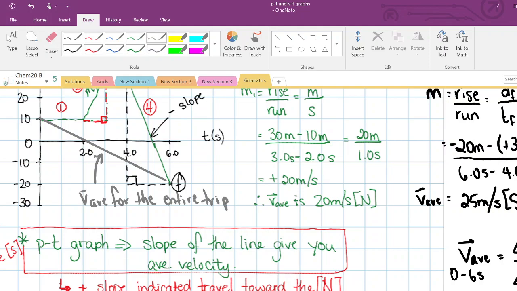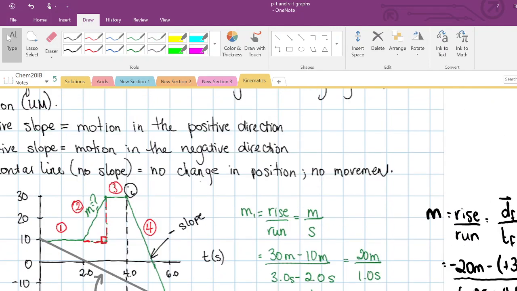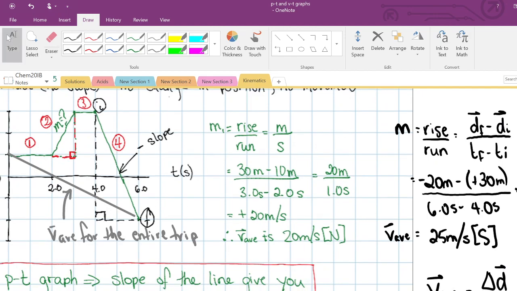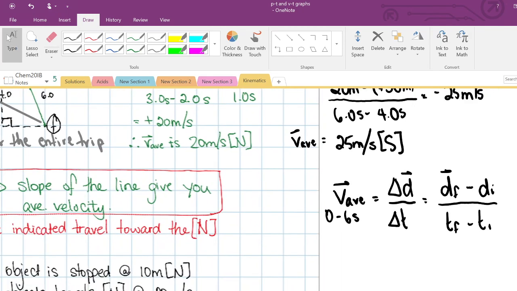So when we were calculating last week, we would have taken our displacement 1 plus our displacement 2 plus our displacement 3 plus our displacement 4 and divided by the entire time. On the graph, because we have a graph available to us, we can look at what is that displacement initial and what is that displacement final, and we can take the slope for that line in order to figure out the average speed or velocity for that entire trip.